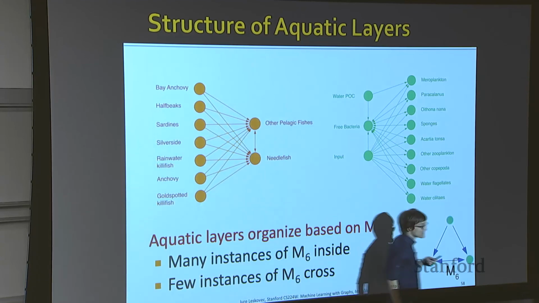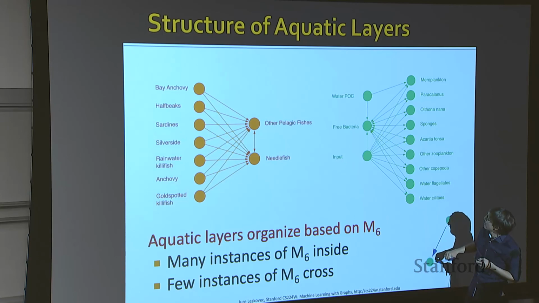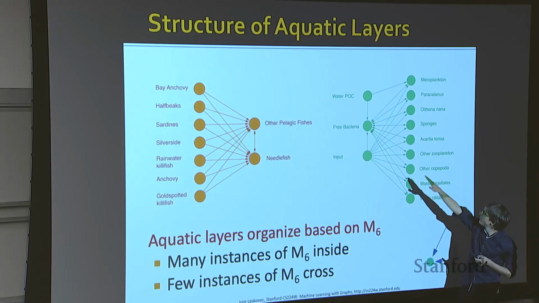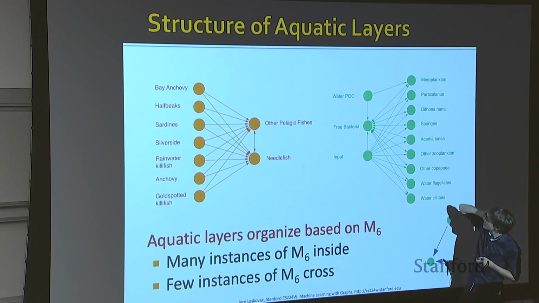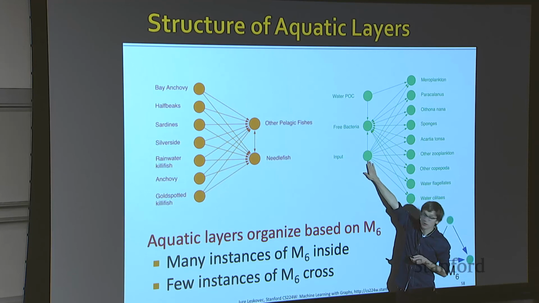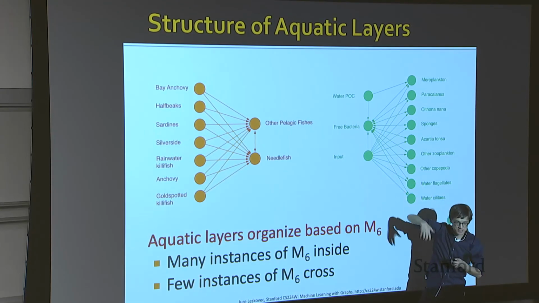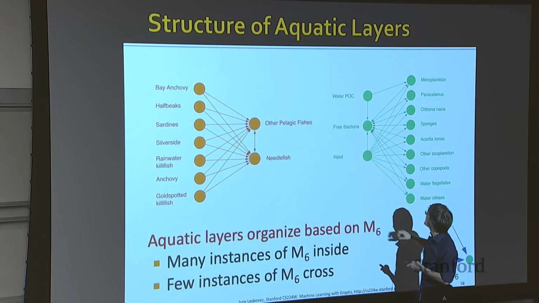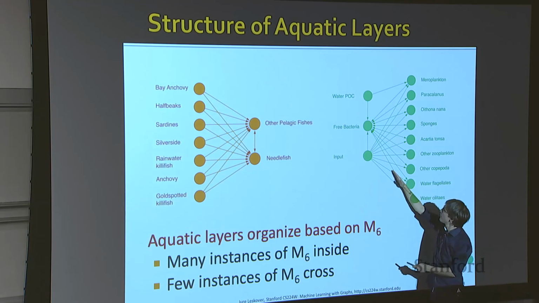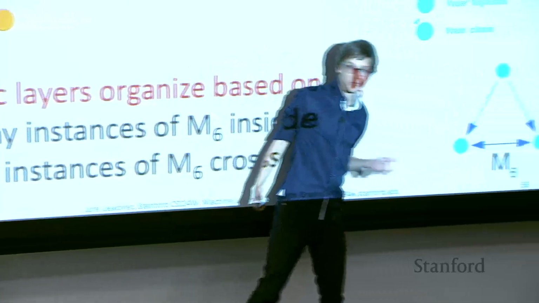Or here's another cluster where you have bidirectional edges between free bacteria and all these other plankton-type species, and free bacteria either feeds on the input to the ecosystem or feeds on the carbon that is in the water, right? Again, notice that these are just instances of this particular motif where bidirectional edges are here. So really, the clusters have this type of structure.